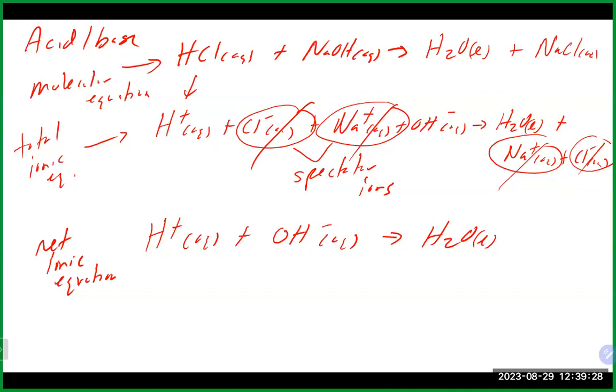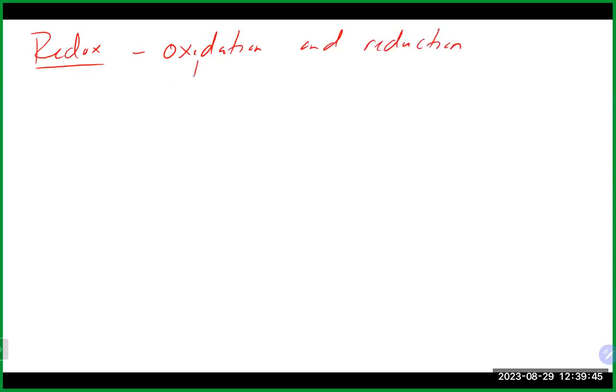Now, pretty much everybody else falls under the other big classification of reactions, which is our friends, the redox reactions. Redox means oxidation and reduction reactions. If it is oxidation, it usually means that you have lost electrons.